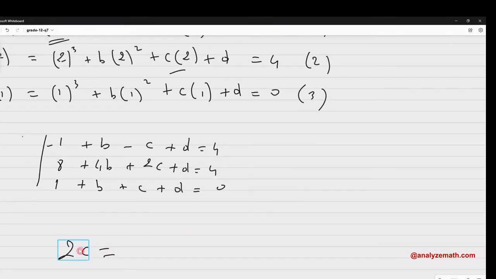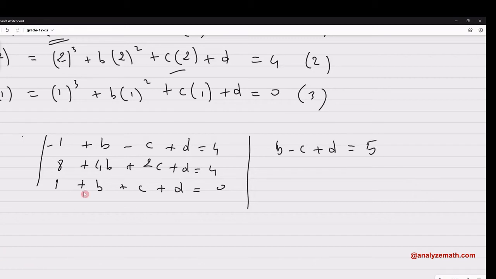Now we rewrite the equation in standard form. In the system of equations, we put all the constants on the right. So let's write them as follows. b minus c plus d equal 4 minus 1, that gives me 5 here.